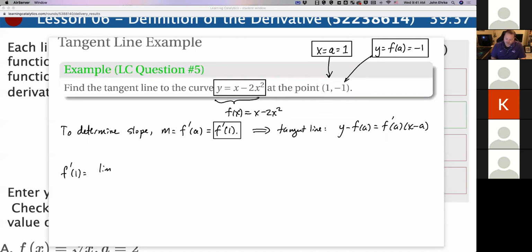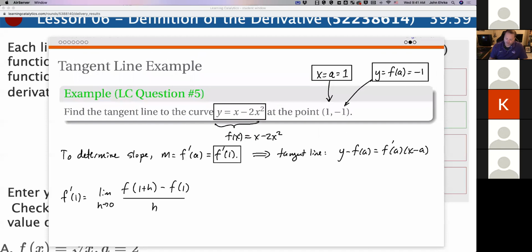By definition, this is the limit as h goes to 0 of f of 1 plus h minus f at 1 over h. Now, I think there's probably a couple of you that are sitting there going, I don't know what just happened there. What did he do? Where did that formula come from? Remember, the formula is the limit as h goes to 0 of f of a plus h minus f of a over h, right?